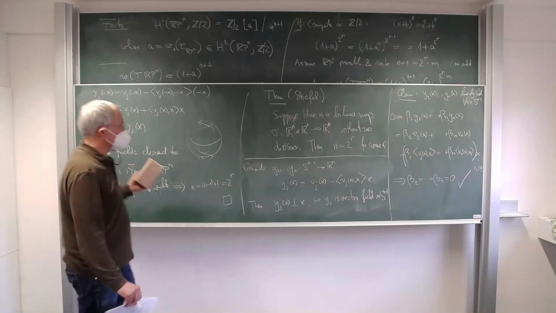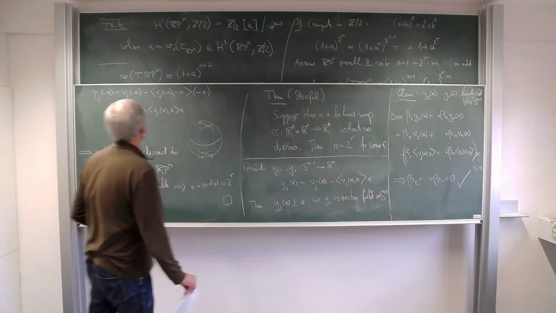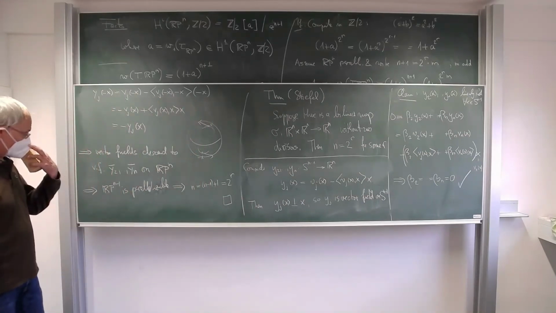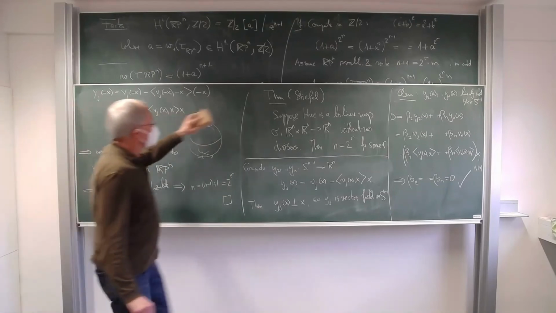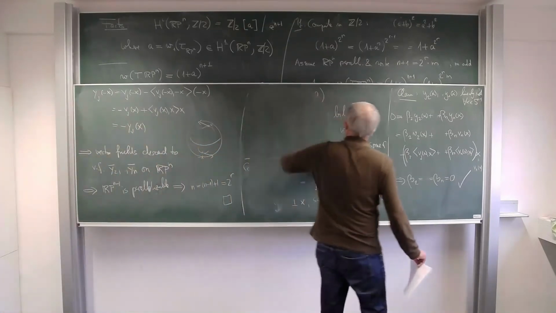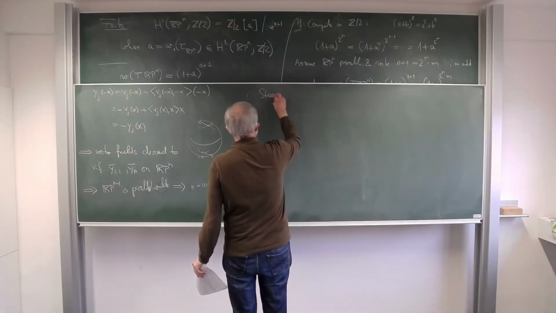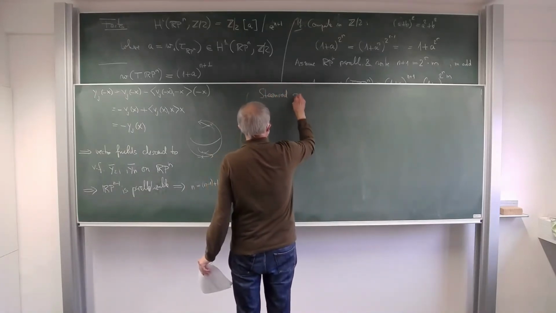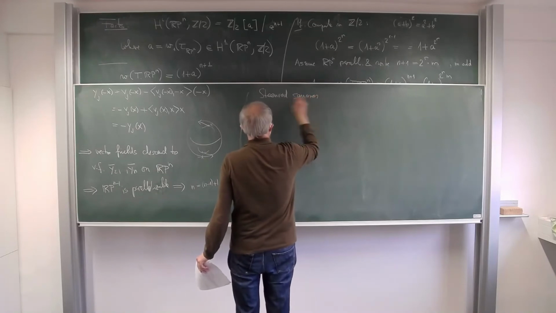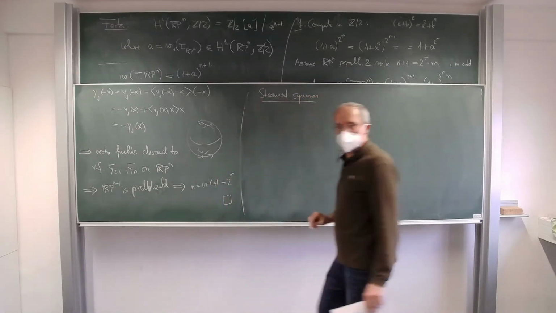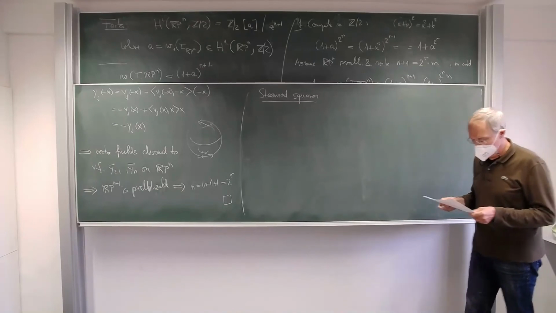Okay. And this also uses Stiefel-Whitney classes. That's why I'm doing it now. And as a tool for this, we use the so-called Steenrod squares, which are a particular operation on cohomology with Z2 coefficients.